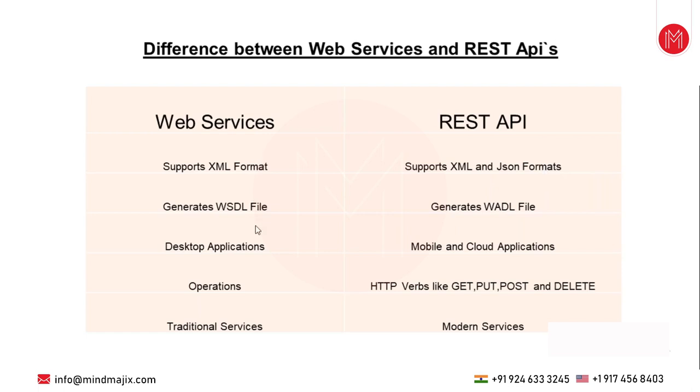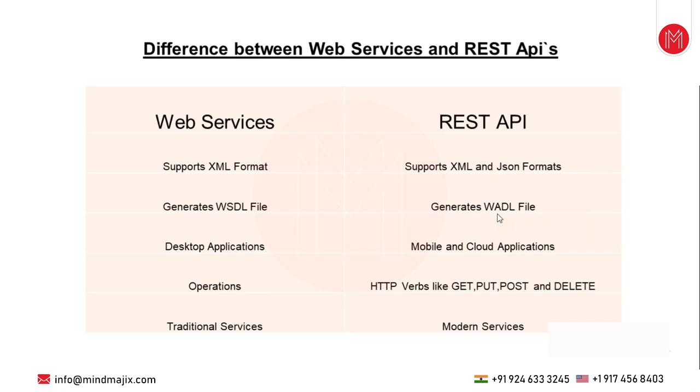And web services, whenever created, generate a WSDL file, the web service description file, which will have an abstract WSDL and concrete WSDL. Whereas REST APIs will generate a web application description language file, which will have the HTTP verb used, either get, post, put, or delete, along with the input it is passing and the response code like HTTP 200 or such.